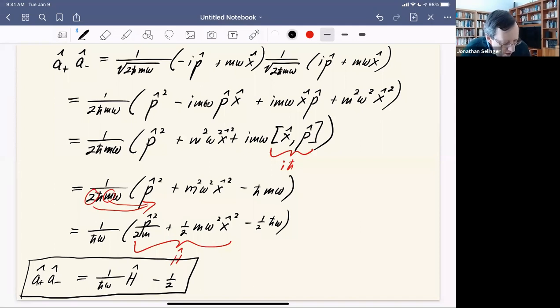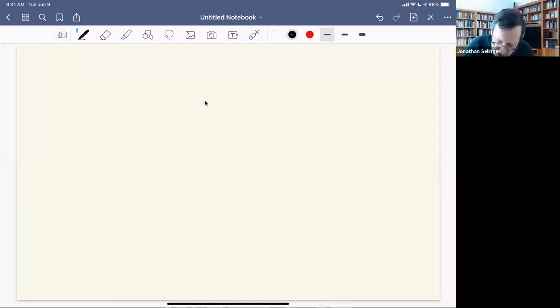So one thing we get from this is the commutator of a minus with a plus.